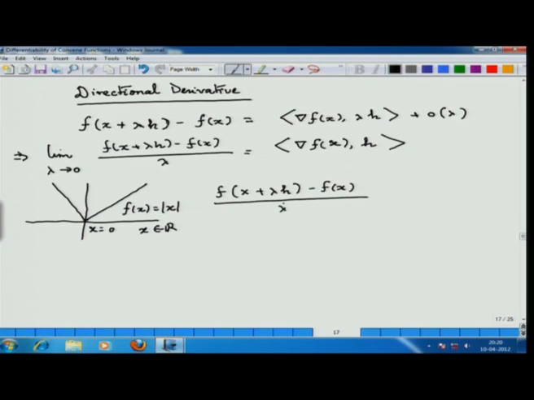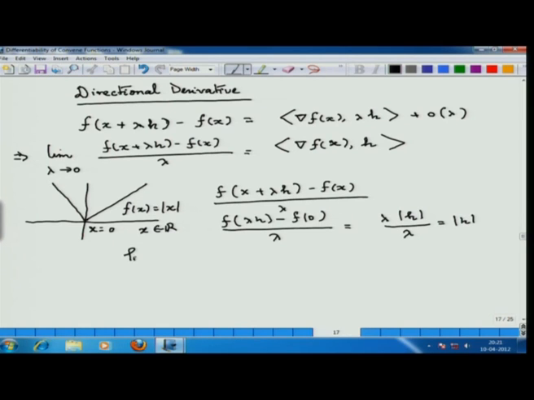First I take lambda from the right-hand side, lambda going to 0. So, this will be f of lambda h minus f of 0, which is 0, divided by lambda. So, this will be lambda times mod h by lambda, which is mod h.